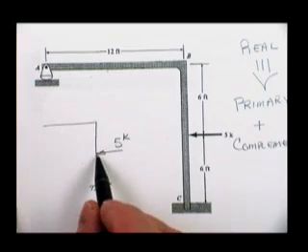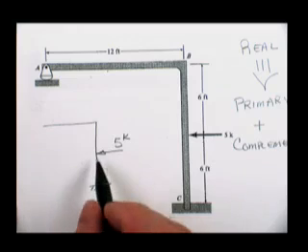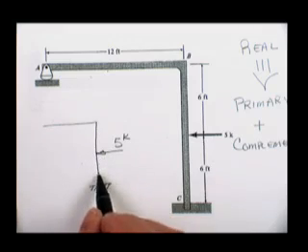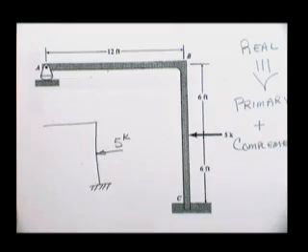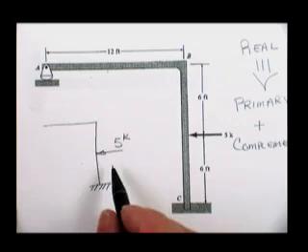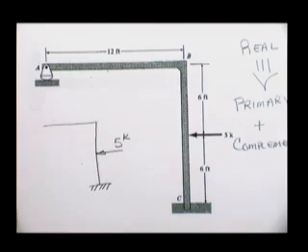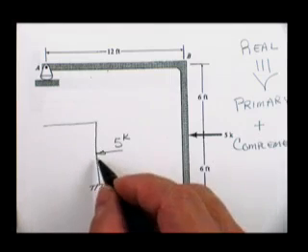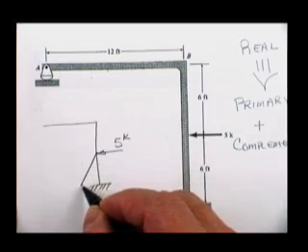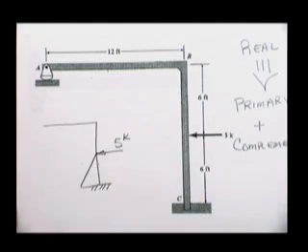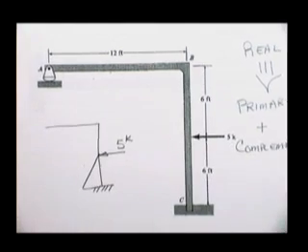And then this 5 kip load will start out 5 times 0, 5 times 1, 5 times 2, 5 times 3. There'll be a linear moment inside that beam. We normally draw the moment diagram on the compression side of the beam. And so the moment diagram will be linear, and it'll reach a magnitude of 5 times 6.